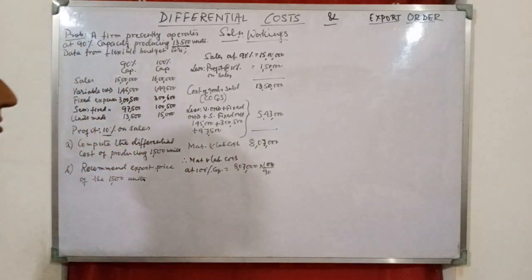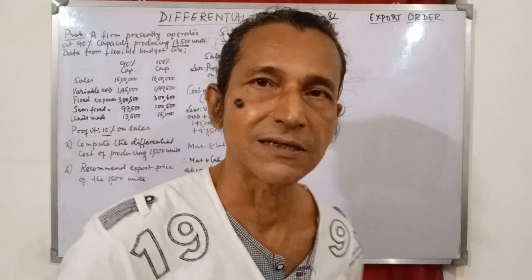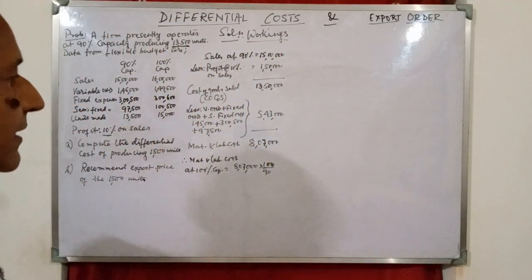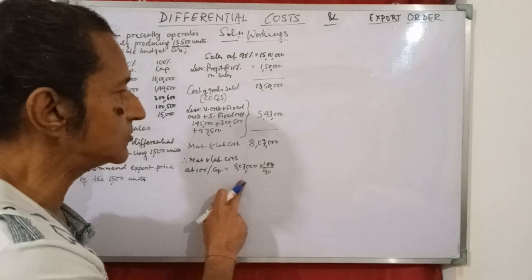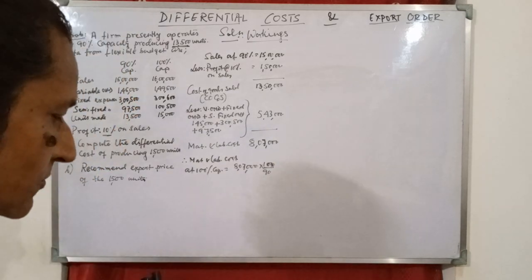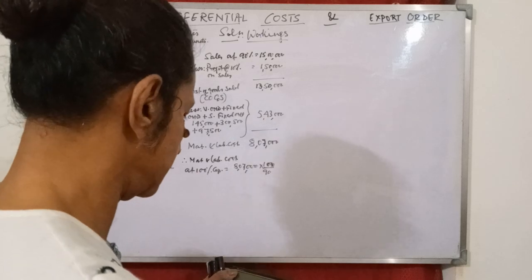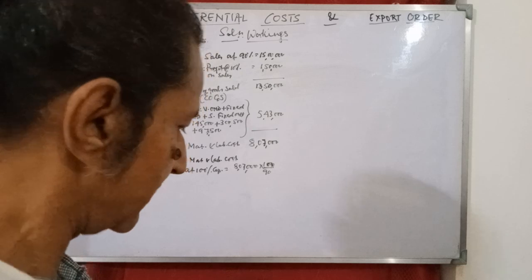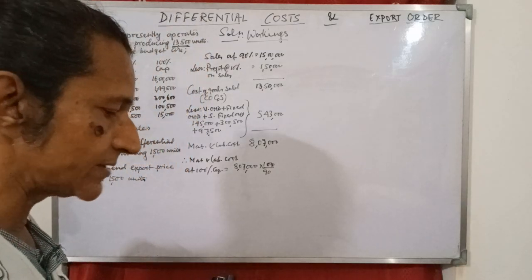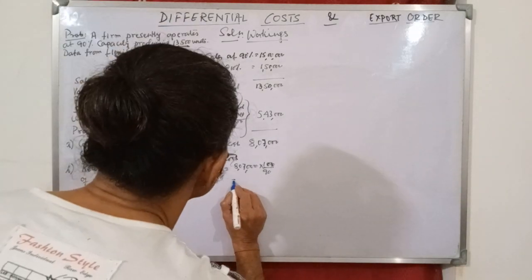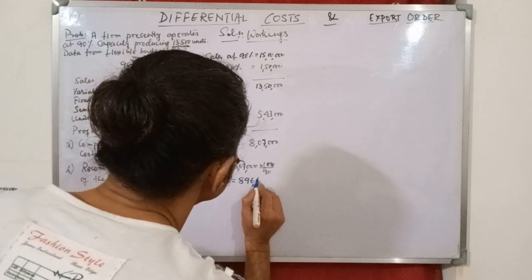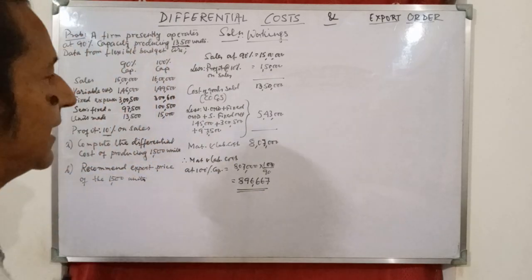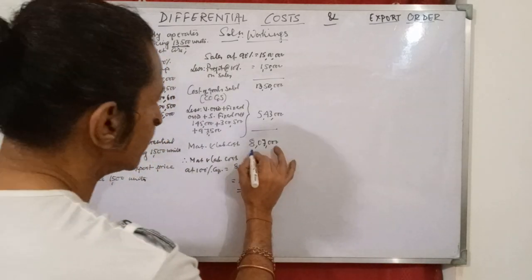The material and labor cost at 90% capacity is 8,07,000, so the material and labor cost at 100% capacity will be 8,07,000 into 100 by 90. Let us see what it comes to. It comes to 8,96,667. So this is the material and labor cost at 100% capacity, and this is the material and labor cost at 90% capacity.